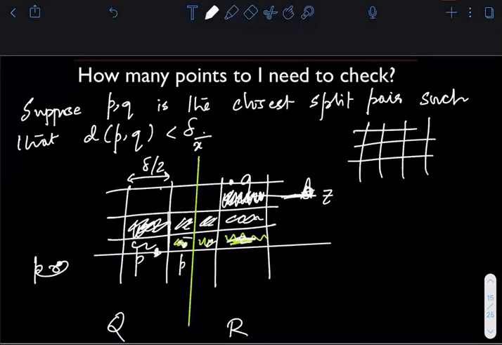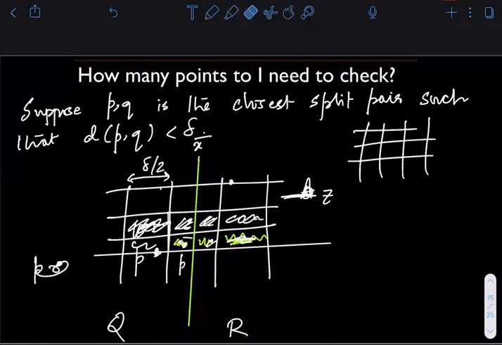First, we said that we will just look at this thin strip. And now, if I fix any particular point P, I only need to check P against those points which lie in one of these 8 boxes. Let me erase this. Only these 8 boxes which I have shaded, right?